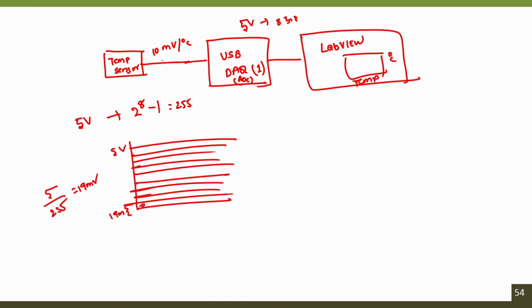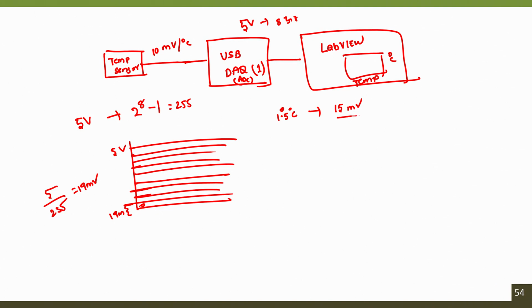Now if you imagine the change in temperature is 1.5 degree centigrade, the actual output voltage will be only 15 millivolt.